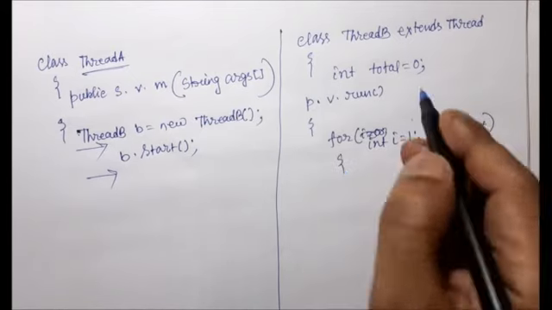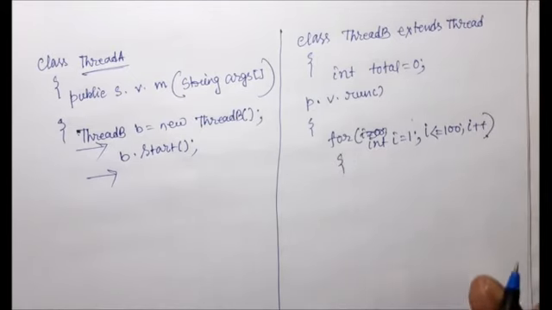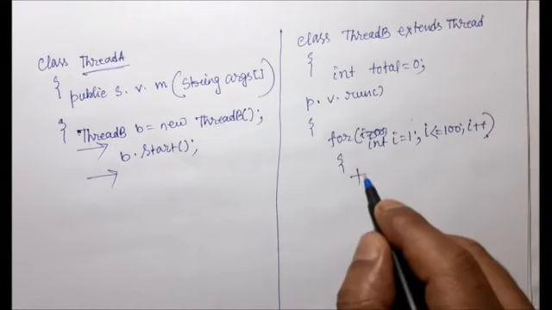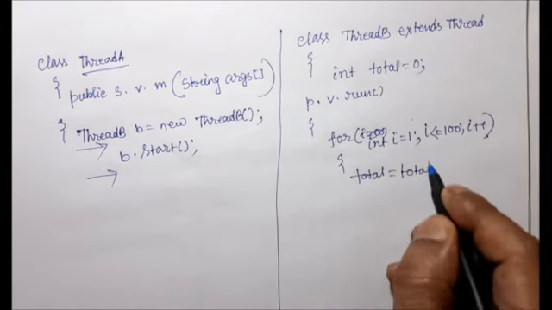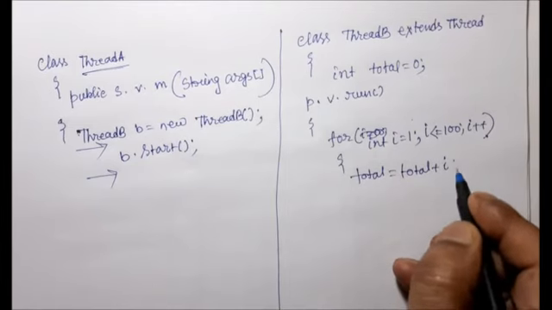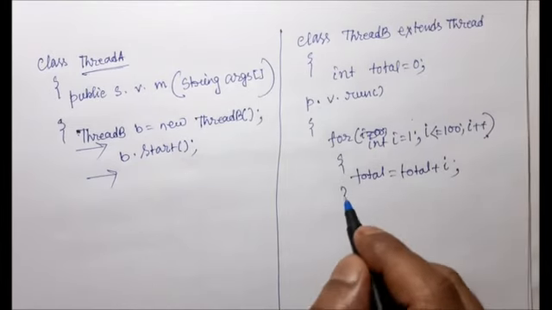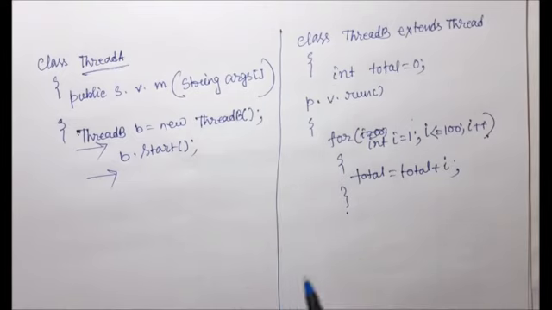Suppose I want to calculate the sum of the first 100 numbers. So total equal to total plus i. My run method is complete and my class is complete.